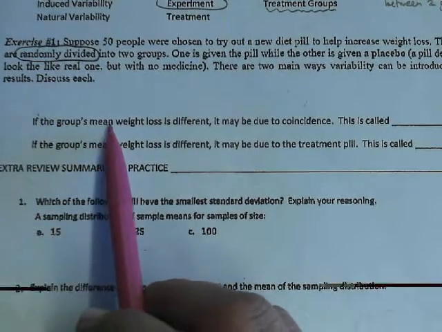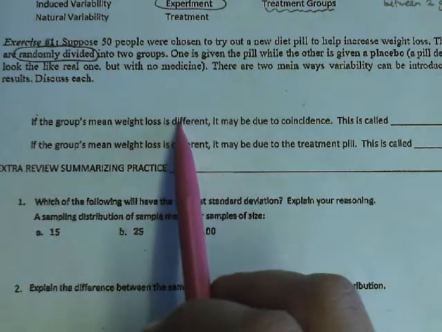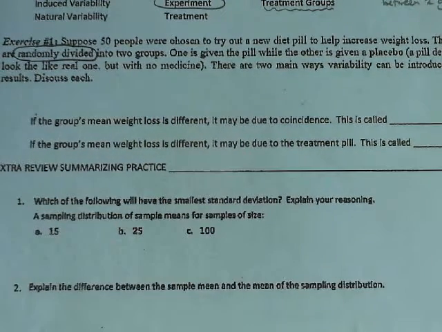If the group's average weight loss is different, it may be due to coincidence. Okay, for example, let's say we do that experiment and one group on average loses 10 pounds and the other group on average loses 10.1 pounds.